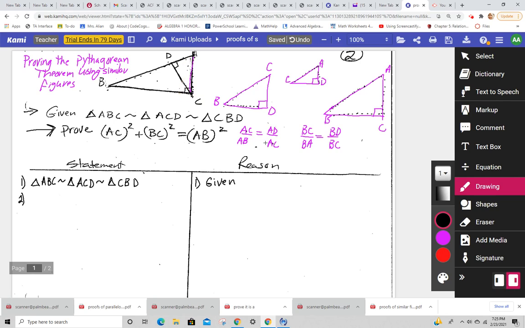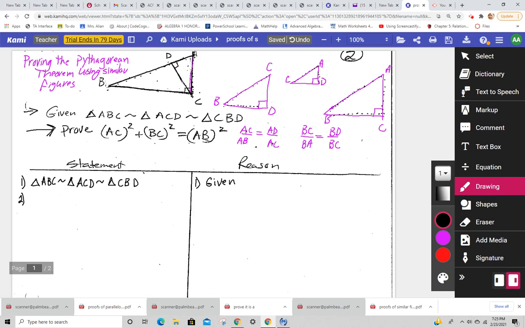And this proportion here is the geometric leg theorem for this other leg, because BC squared is going to be equal to the whole hypotenuse times the related segment BD. So that's where these two proportions came from.